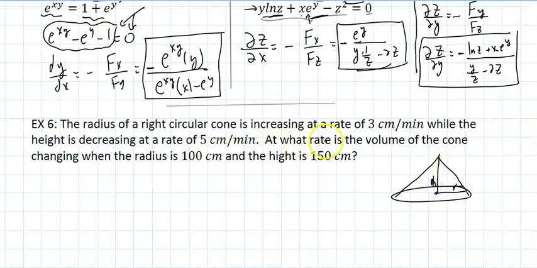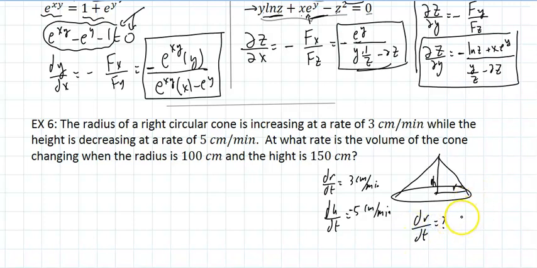It says the radius of the right circular cone is increasing, so dr/dt is 3 centimeters per minute, while the height is decreasing at a rate of 5 centimeters per minute. What is the rate at which the volume is changing when r equals 100 centimeters and h equals 150 centimeters?